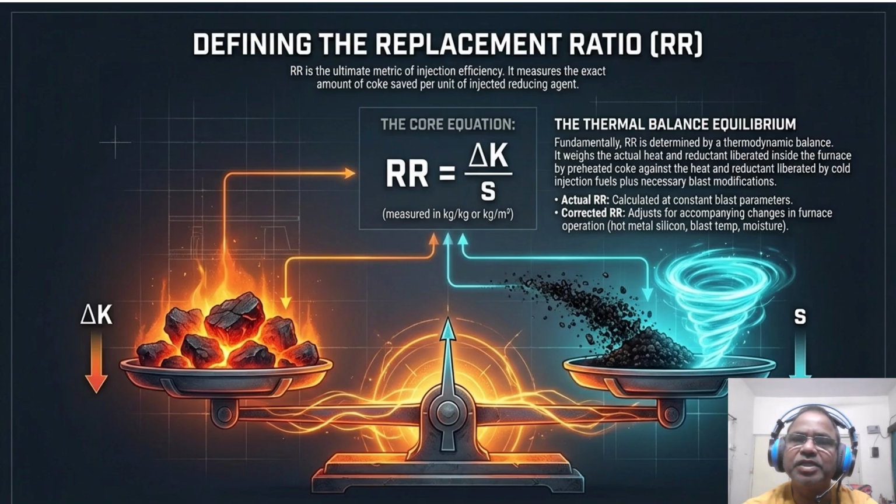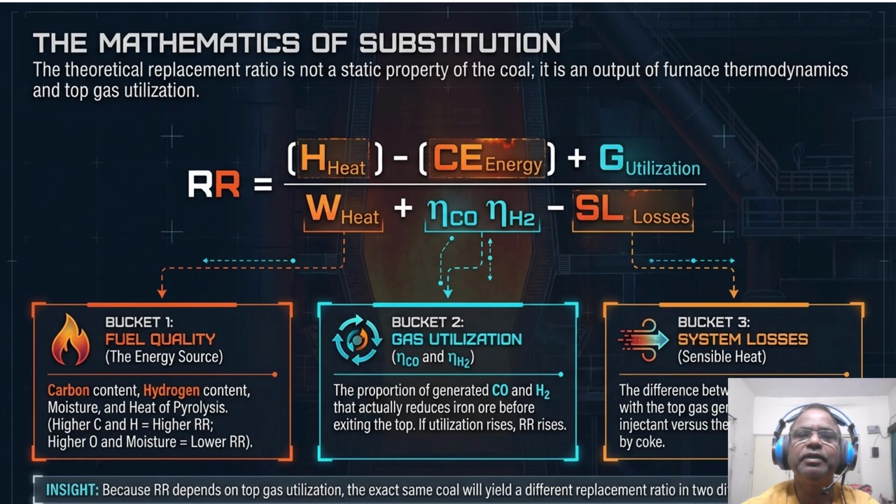So while the basic formula is simple, the underlying mathematics of substitution involve three distinct buckets, and in this slide we are going to talk about the mathematics of substitution. So here is the expanded thermodynamic equation. It looks complex, but look at the three orange and blue buckets at the bottom.